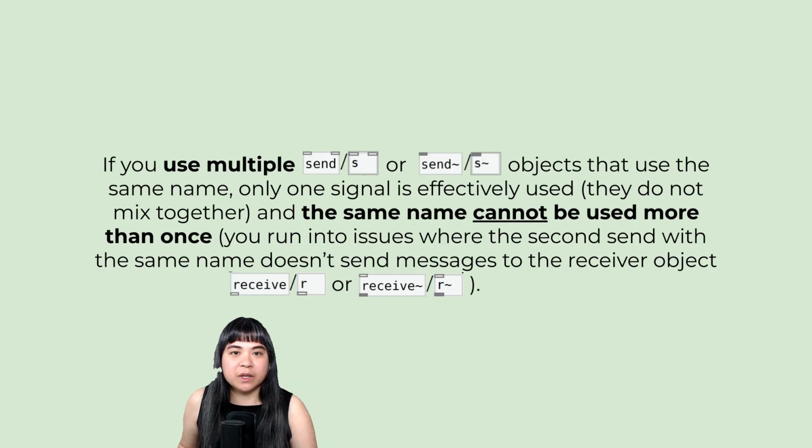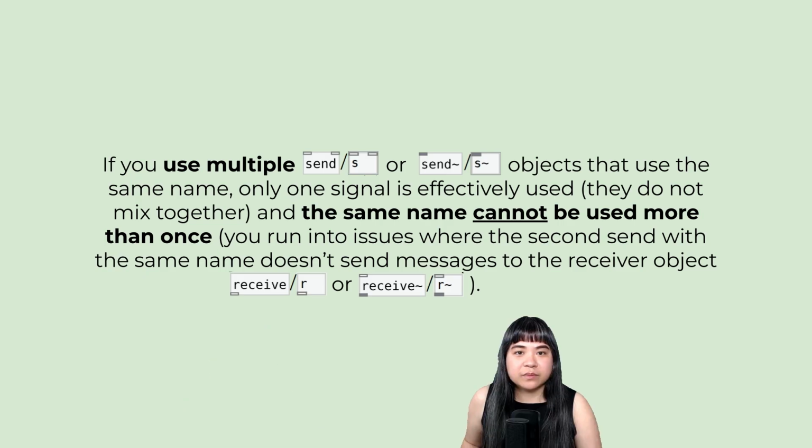If you use multiple send or send tilde objects that use the same name, only one signal is effectively used. They do not mix together, and the same name cannot be used more than once. You will run into issues where the second send with the same name doesn't send messages to the receiver object.